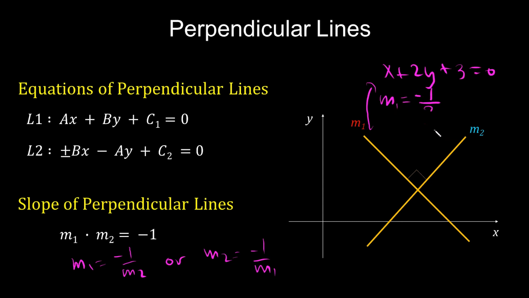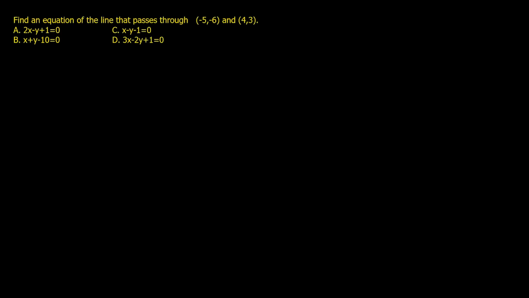Therefore, the slope of the line perpendicular to it is the negative reciprocal. So m2 is negative 1 over negative 1 half. The answer is 2. That's all, class. Just remember: perpendicular lines, negative reciprocal slopes; parallel lines, equal slopes. Okay? So, solve the example problems, class.